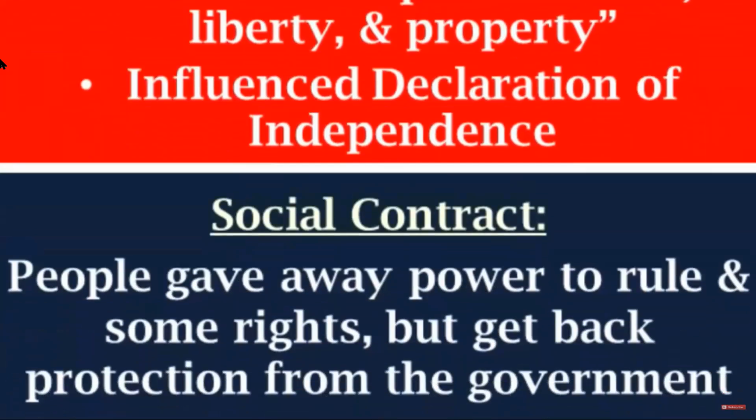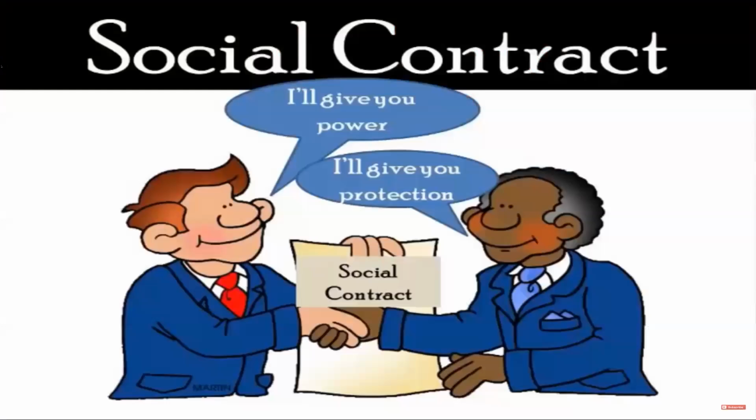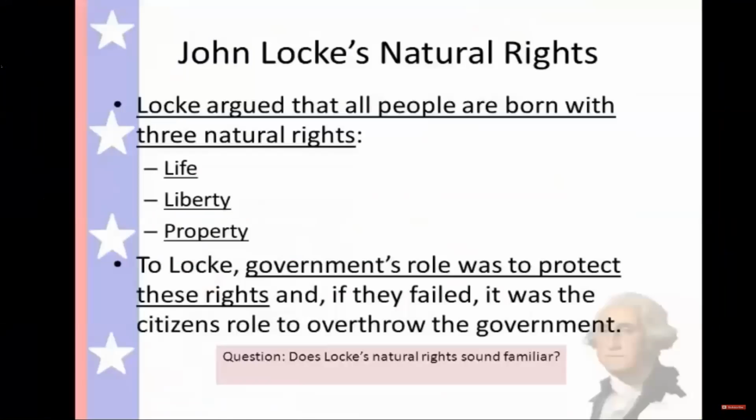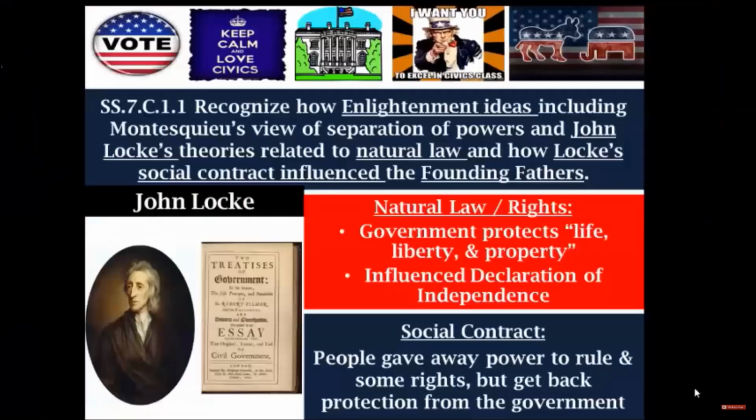For the social contract, Locke's claims that the people enter into an agreement with the government to give up some power and rights in order to get back protection can be seen in questions on obeying the law, the Constitution, the idea of consent of the government. So for Locke, remember your answers are either natural rights, life, liberty, and property. He influenced Jefferson and the Declaration of Independence, and the social contract.